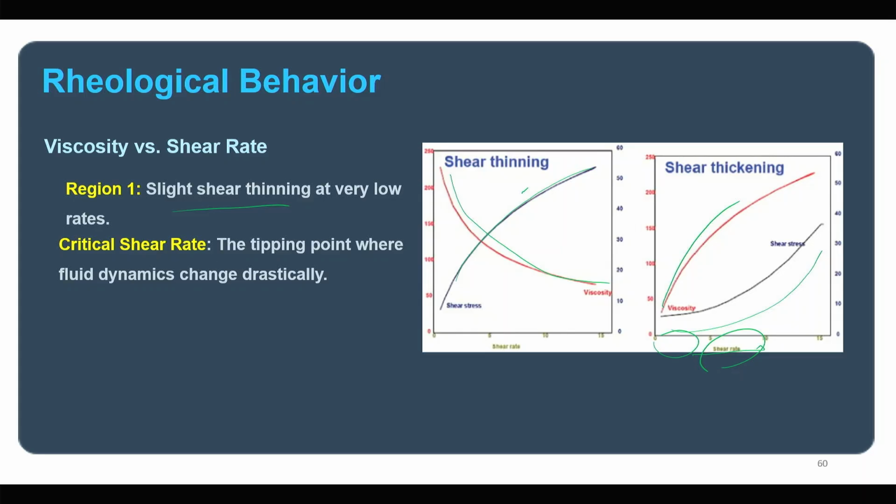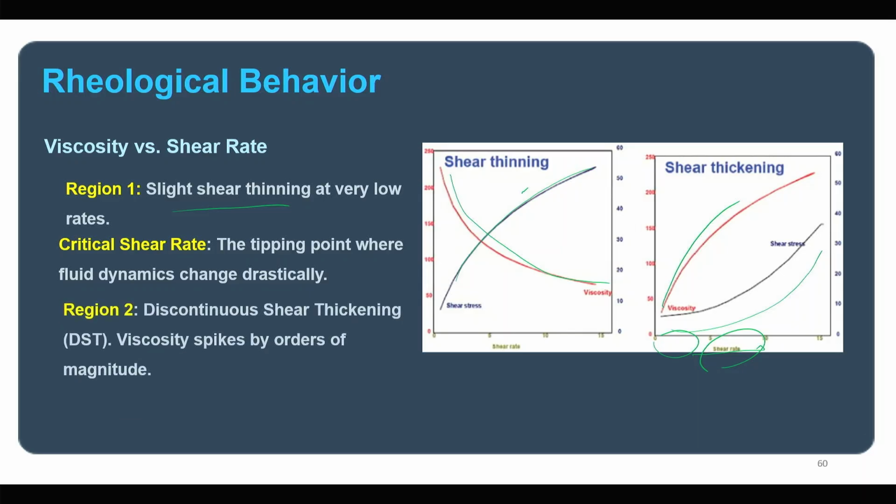At that point there will suddenly be changes in the fluid dynamics, and beyond that critical shear rate, discontinuous shear thickening takes place, viscosity spikes, and it will behave like a solid material.